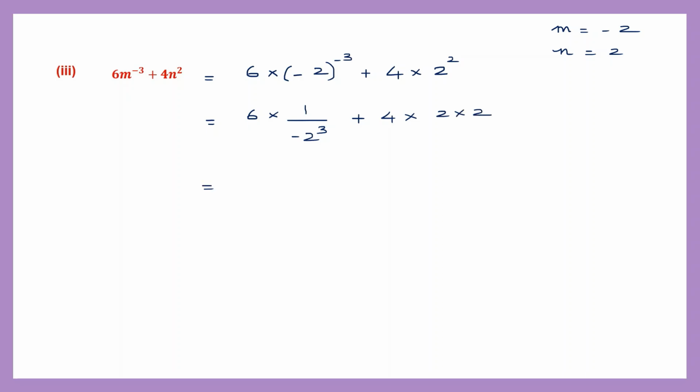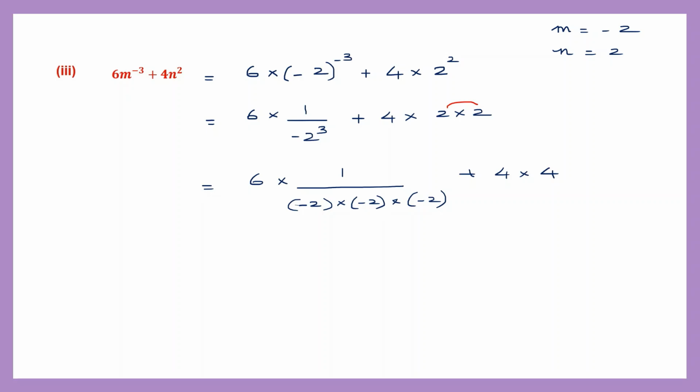So again, let's just work out everything. 6 into 1 by minus 2 to the power of 3 means we multiply minus 2 three times. Minus 2 into minus 2 into minus 2. Then we have 4 into, now let's multiply this. 2 2s are 4. So 4 into 4.